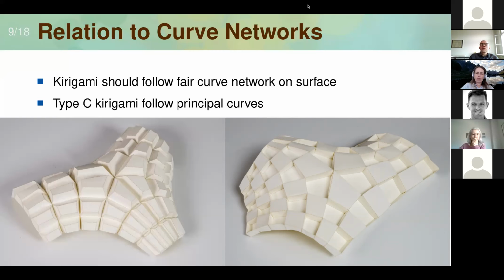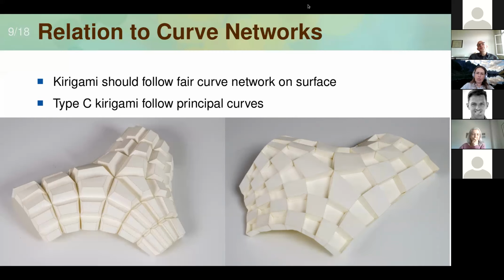And when you think of differential geometry on the properties of surfaces and developable surfaces, you know that if a developable surface intersects another surface orthogonally, then this intersection must be along a principal curve, a principal curvature line.